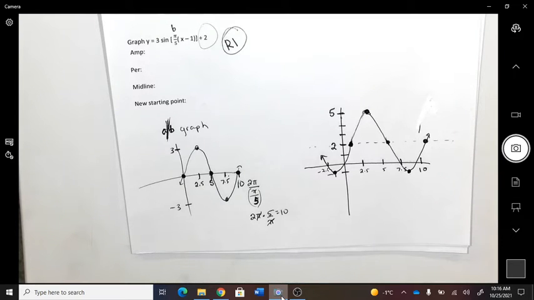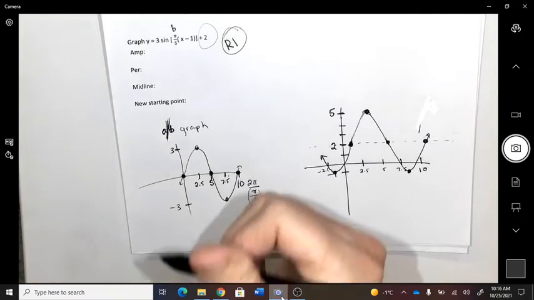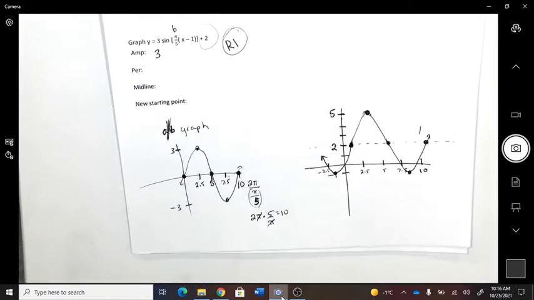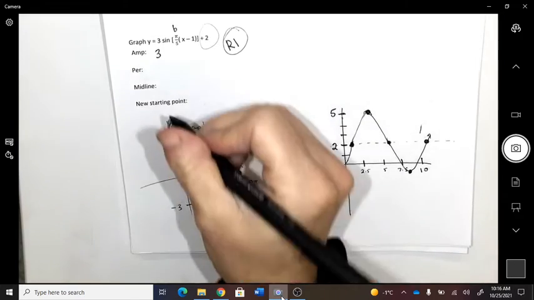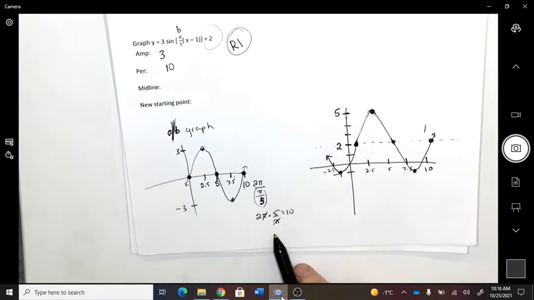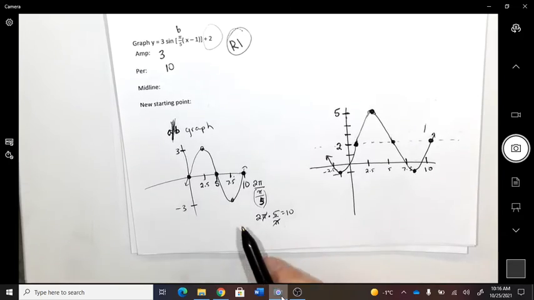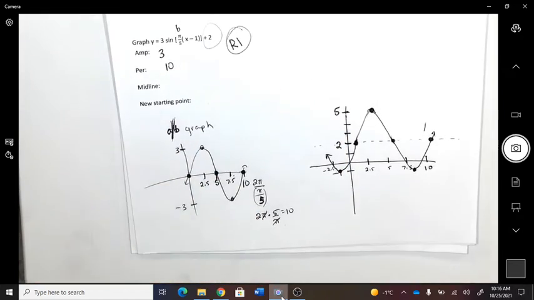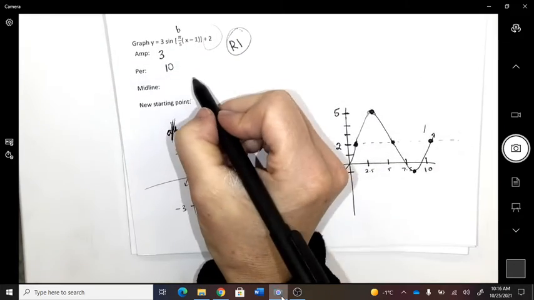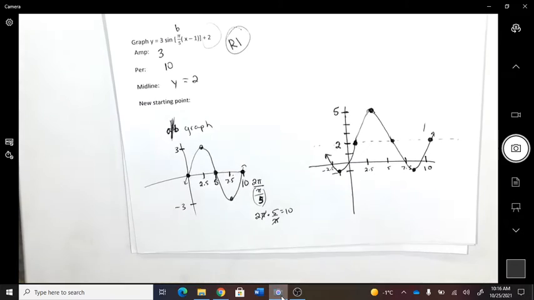Okay, so I might have questions for you on your test, like what's the amplitude? 3. Right, we're stretching up and down, 3 above it, 3 below it. The period was 10. So we did 2 pi divided by b, that's the period. The midline. How do you create an equation for the midline? It has to be an equation. So what are you going to do for 2? y equals 2.